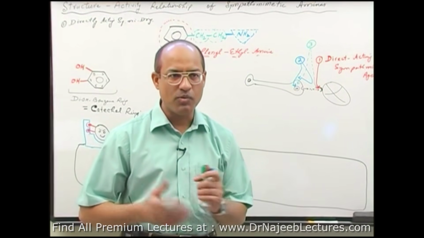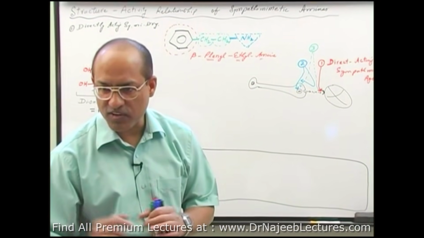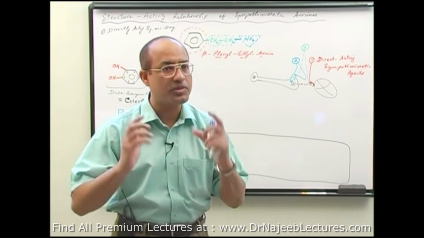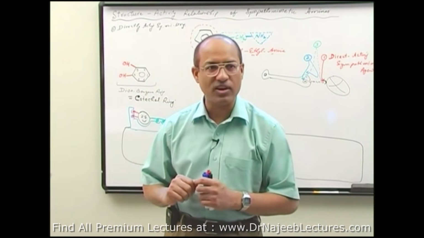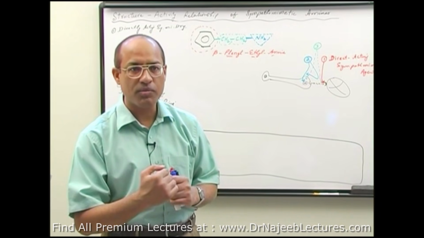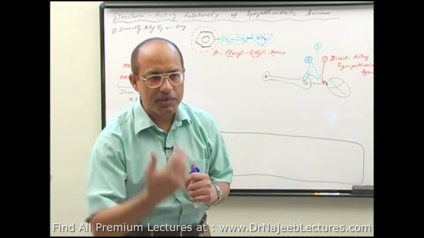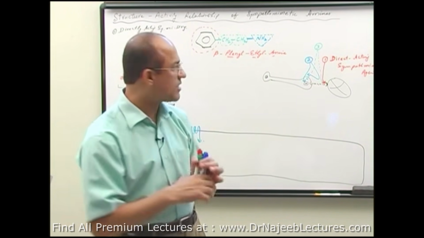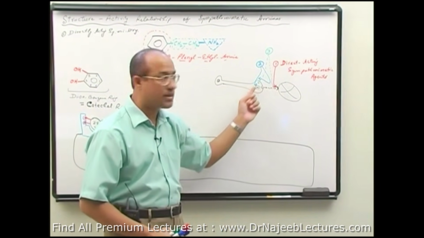So you understand, when I say directly acting sympathomimetic drug, it means a drug which will strongly bind with the adrenergic receptors and stimulate them. And when I say indirectly acting sympathomimetic drugs, I'm telling you that this drug goes to sympathetic nerve endings or into the adrenal medulla, releases the endogenous stores of norepinephrine and produces sympathomimetic activity indirectly. And there are some drugs which can bind receptors as well as be taken up by the nerve ending.